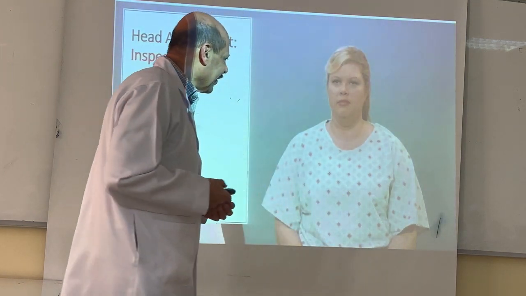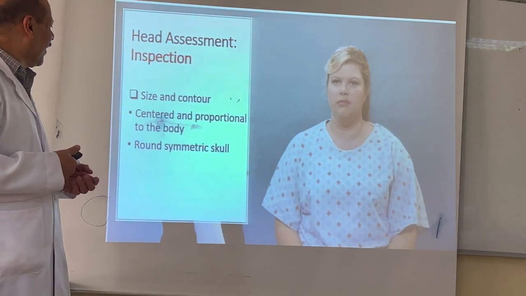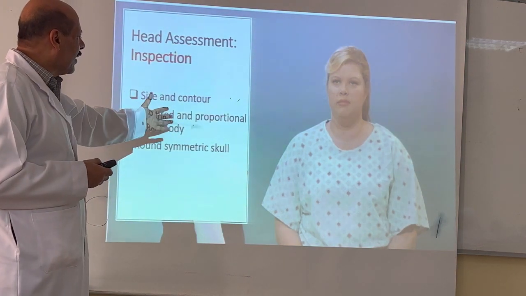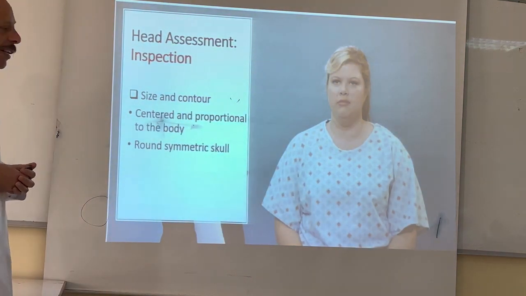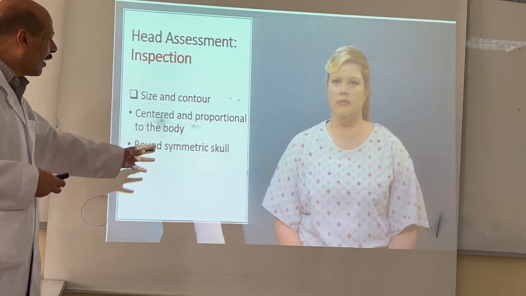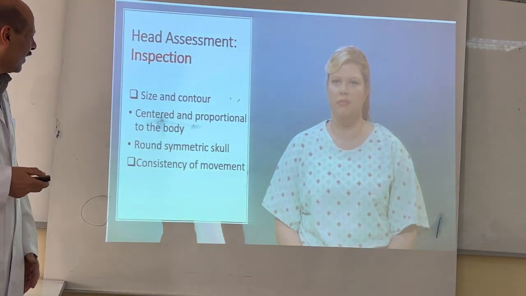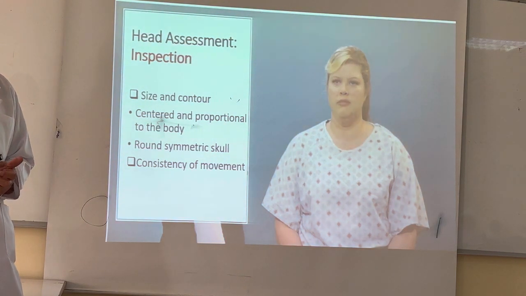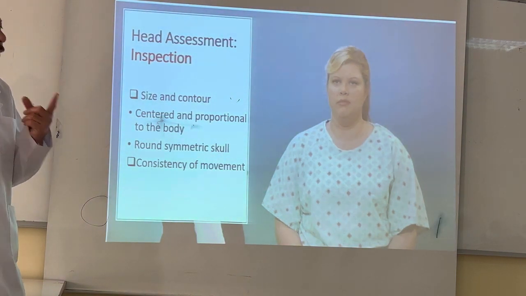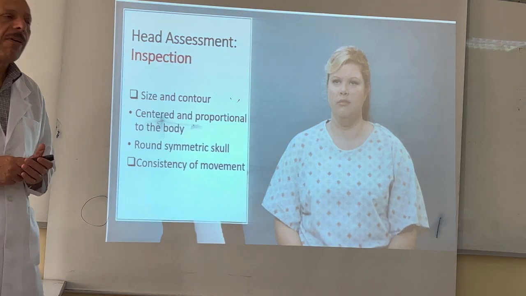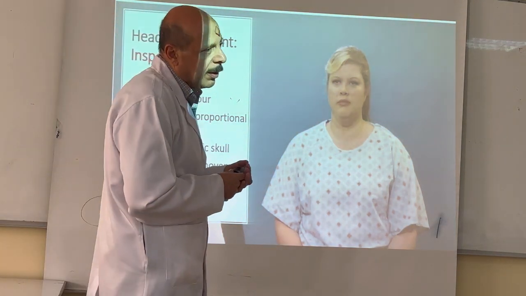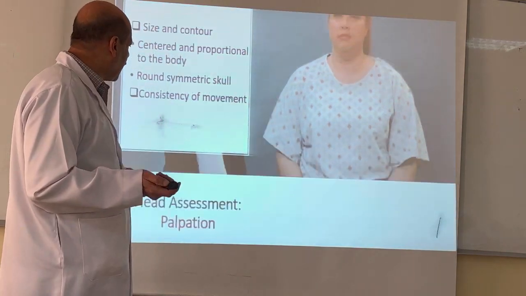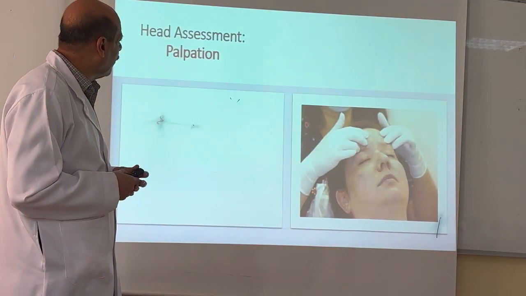Here, the size and contour of the shape, centered and proportional to the body, as we said, a round symmetrical skull, and consistent with the movement that he can do. All the range of movement we have to do for the neck and head. We will take it in the assessment of the movement.